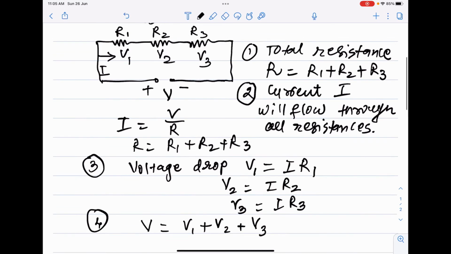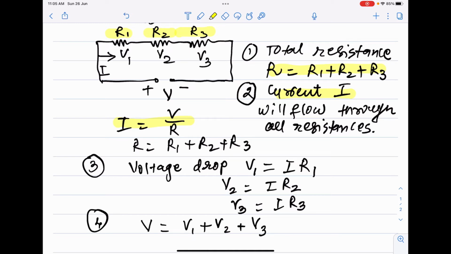So whenever we have been provided with a series circuit where the three resistances are connected in series with each other, then the total or effective resistance of the circuit is R equals R1 plus R2 plus R3. In a series circuit, the same amount of current will flow through all the resistances, and it is given by I equals V upon R, where V is the voltage applied to the circuit and R is the total resistance R1 plus R2 plus R3.